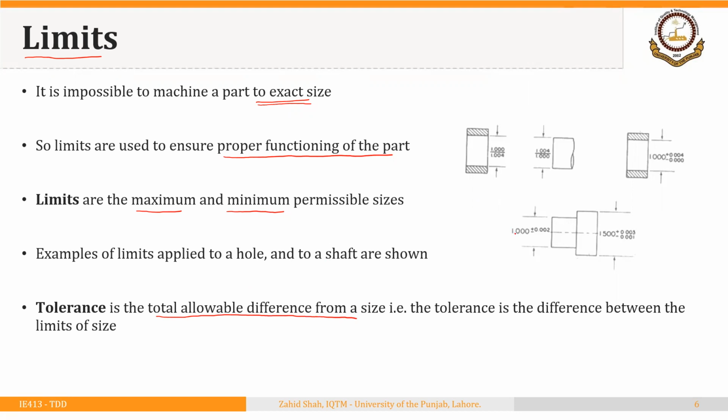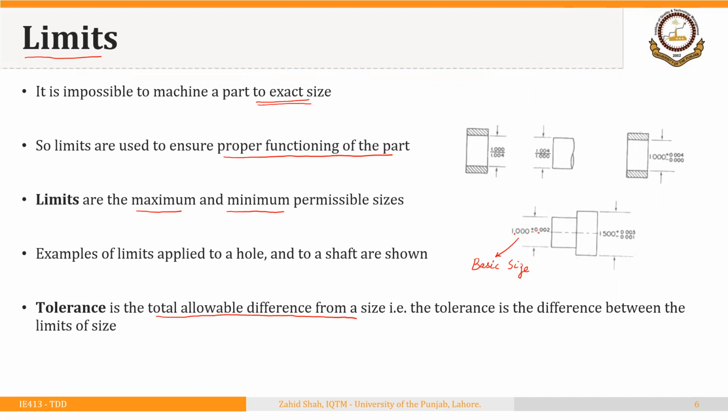So in this case, we are having a size of 1.000 plus minus 0.002. So the size from which we are applying limits is called basic size. So basic size is the size to which limits are applied. You can say this is the ideal size that we will focus to achieve. Now the variation in this basic size is allowed in both directions.